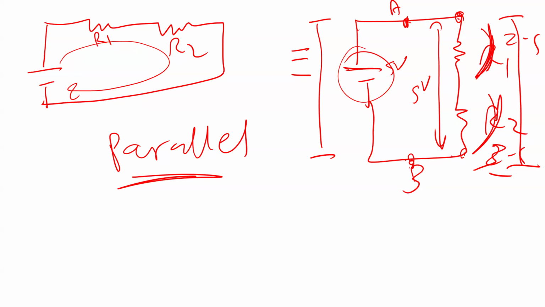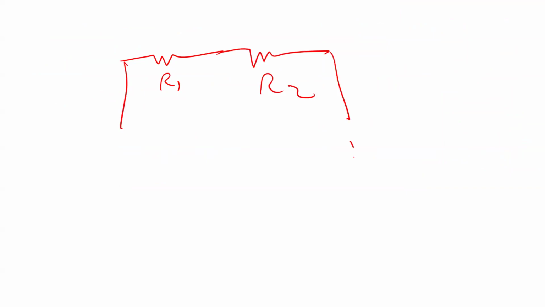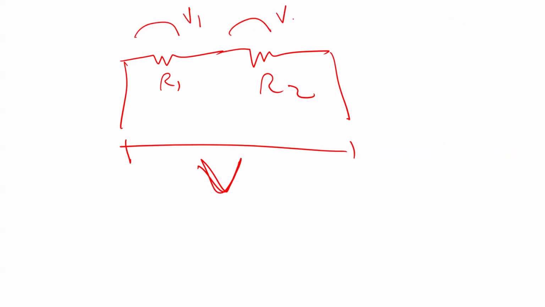Okay, it's very simple. So I'm going to prove it. The way we can divide it is, for example, if you have R1 this way, and you have R2 here, and you already know the difference here. For example, I'm going to call it V. So this one is V1, this one is V2. So there is a law.